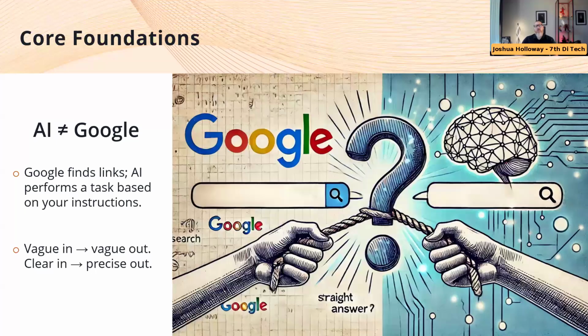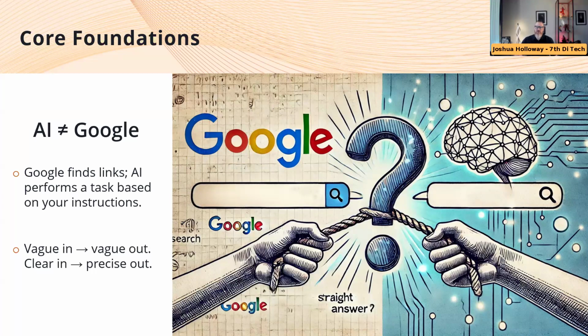So first and foremost, core foundations. AI does not equal Google, and Google does not necessarily equal AI until you incorporate Gemini. When it comes to working with artificial intelligence like ChatGPT, Claude, as I mentioned before, or any of the other ones, it's not just a search engine. One of the biggest mistakes that a lot of us as first adopters of ChatGPT or any AI make is we treat it like Google.